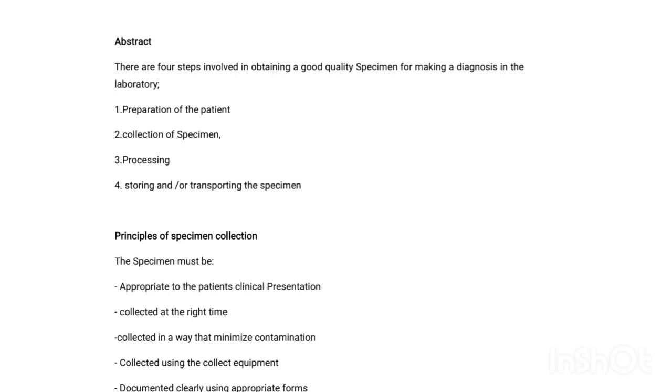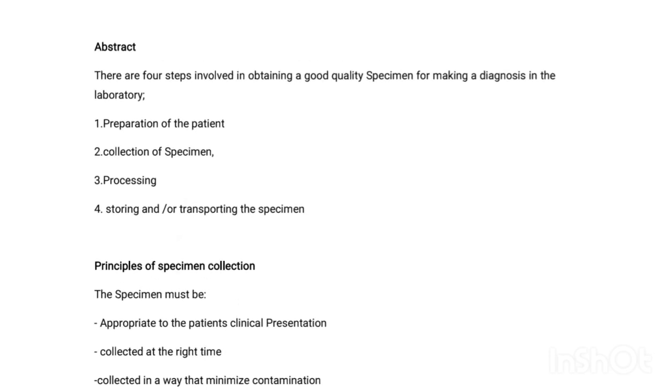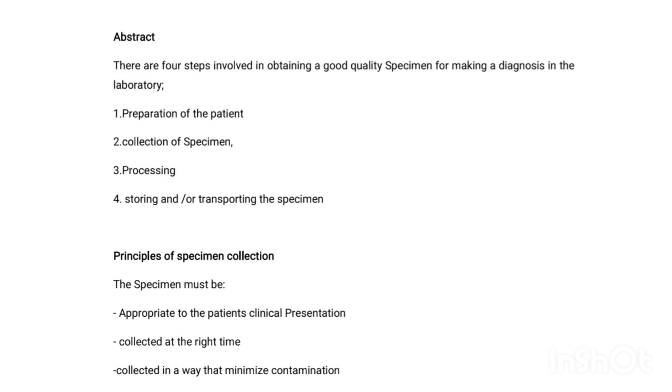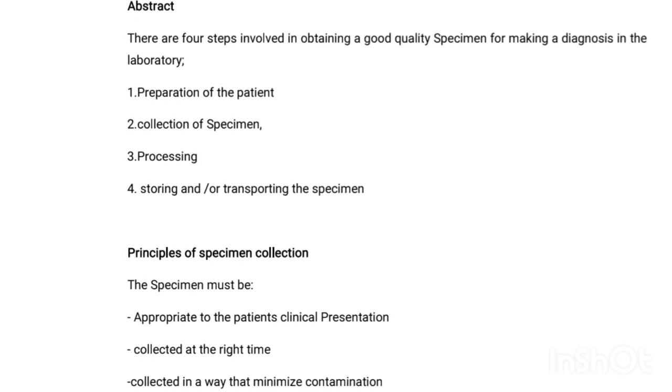There are 4 steps that we can consider when we want to obtain a very good quality specimen for making a diagnosis in the laboratory. So these are the main 4 steps that we should consider as laboratory workers.